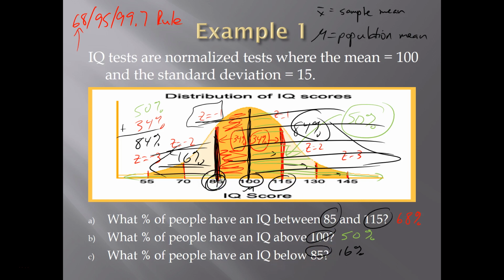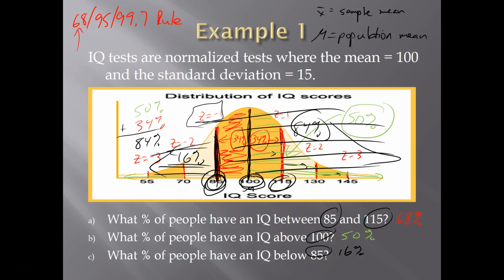So all the values that I just had you use in example 1, I was giving you IQs that were exact standard deviations away from the mean. Like 100 is exactly the mean. It's 0 standard deviations away from the mean. 115 is 1 standard deviation above the mean. 85 is 1 standard deviation below the mean.